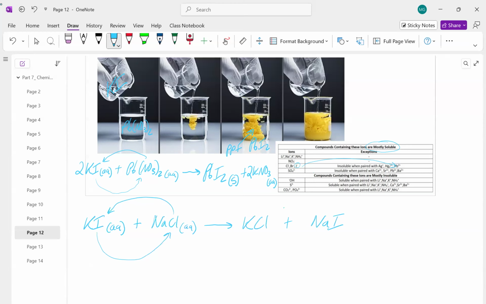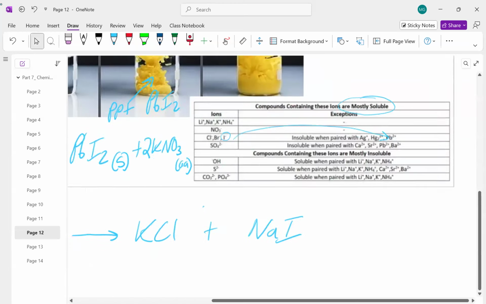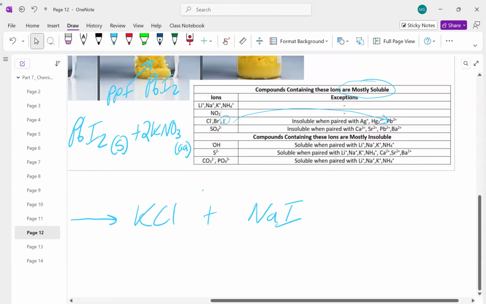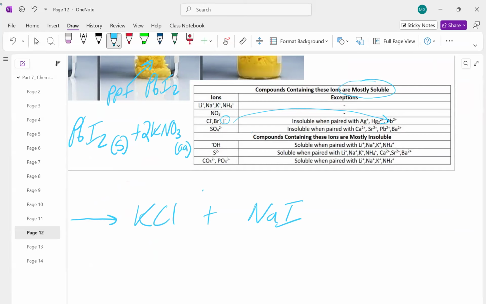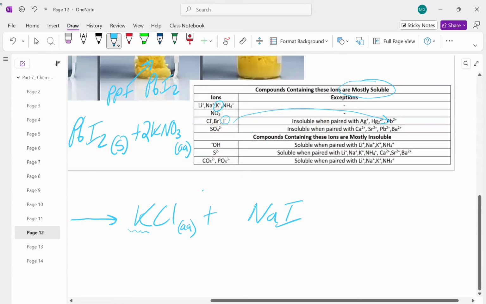Now what we're going to do is look at our table here and see if either of these will form an insoluble precipitate. So K is here, potassium. Notice that's one of our ions there. And there are no exceptions to this being soluble. So KCl is very soluble in water, so it will not precipitate.